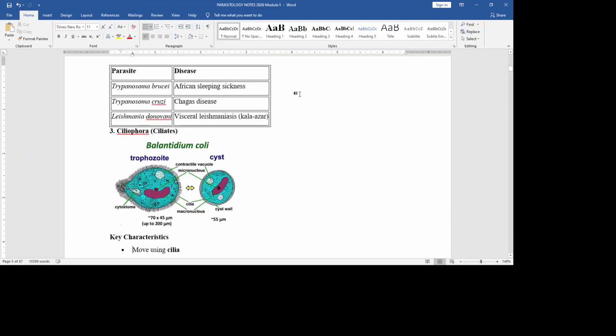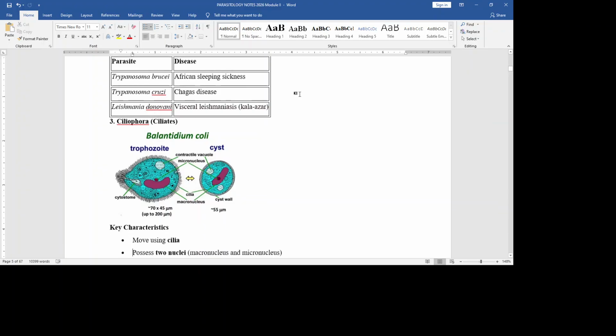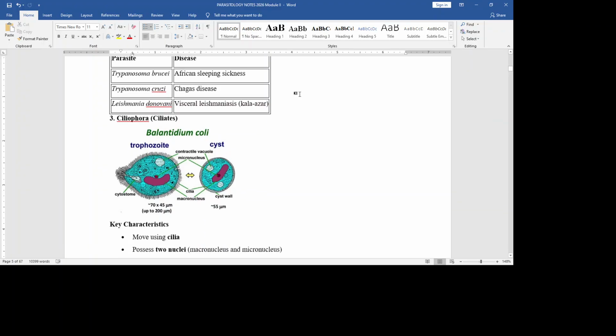Then the ciliophora or the ciliates, which are represented by the Balantidium coli, as we have discussed shortly before. We said they move with the help of cilia, which are hair-like extensions on the cell surface, which they beat in coordination to assist in feeding and motion.